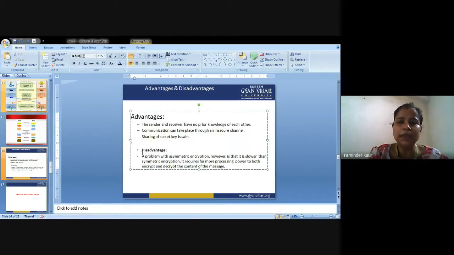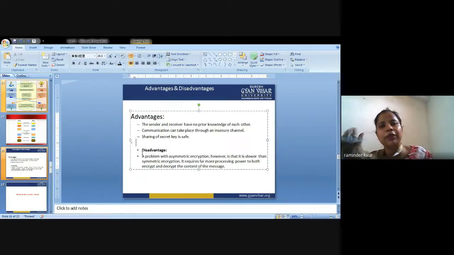So what are the advantages and disadvantages of using the Diffie-Hellman key exchange algorithm? The sender and receiver have no prior knowledge, obviously, as we have discussed; they do not have any knowledge about each other. Communication can take place through an insecure channel, and sharing of the secret key is very safe.